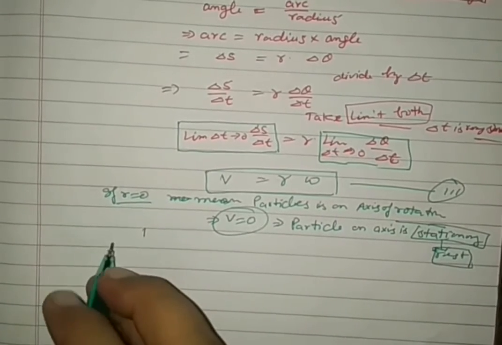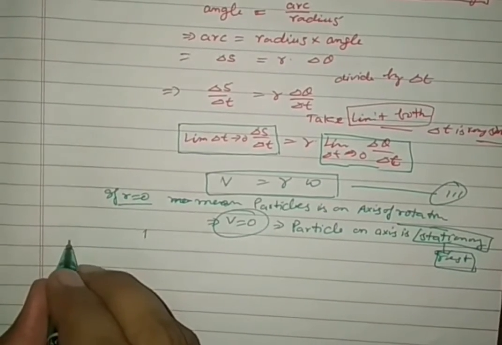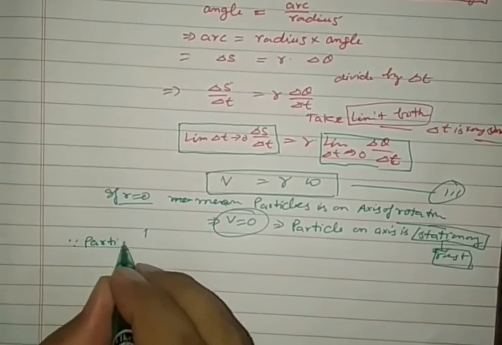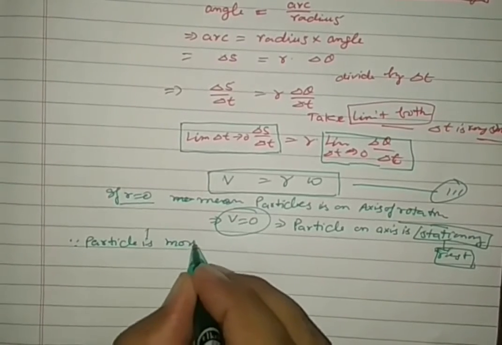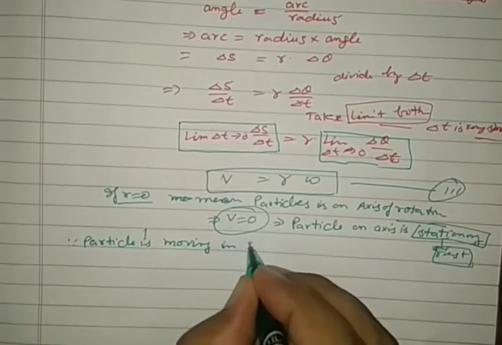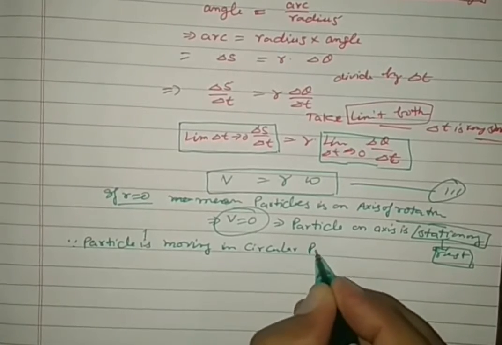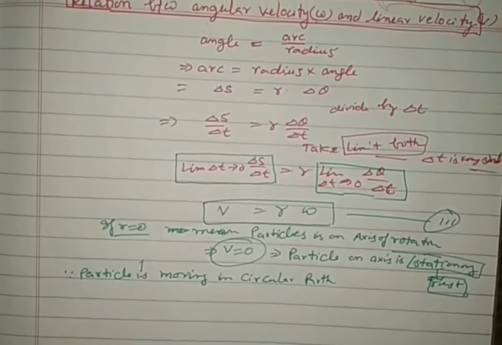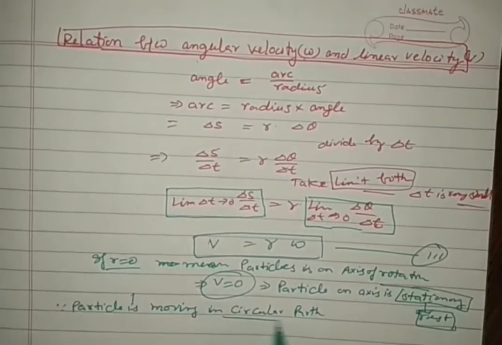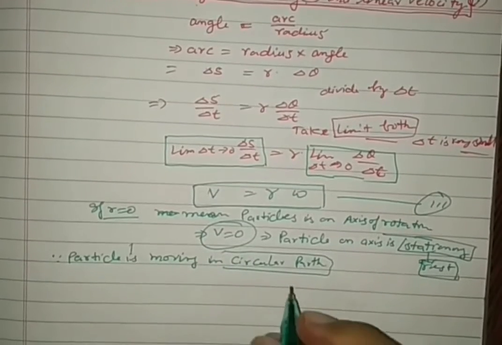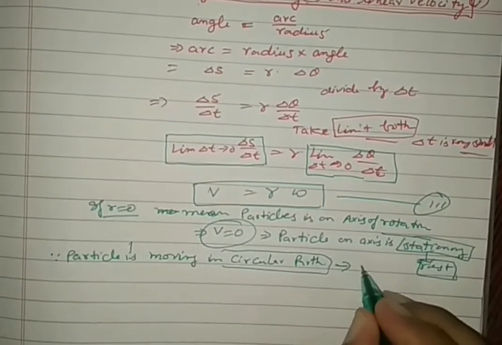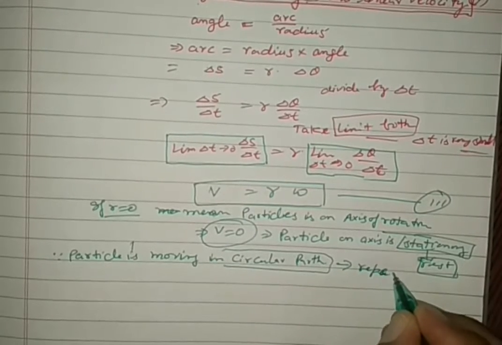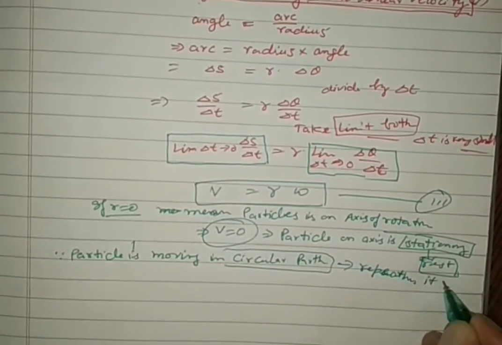So this is one important conclusion. If a particle is moving in a circular path, and here each particle of the rigid body is moving in a circular path, that is important. And one more thing: it is repeating its path.